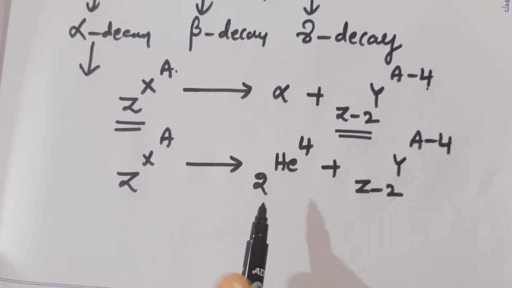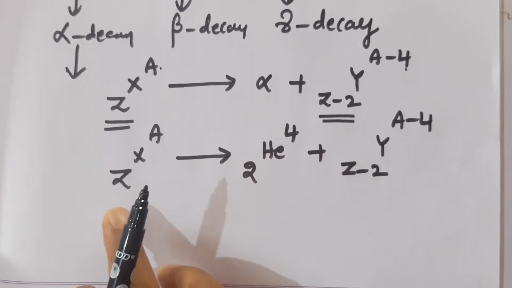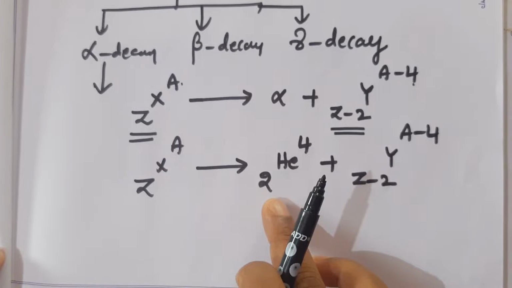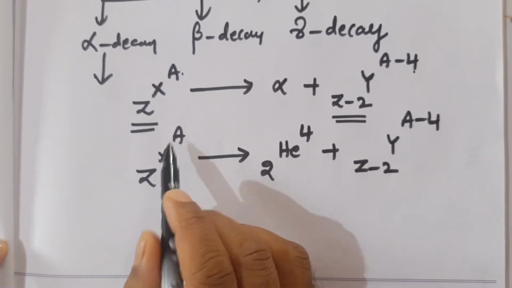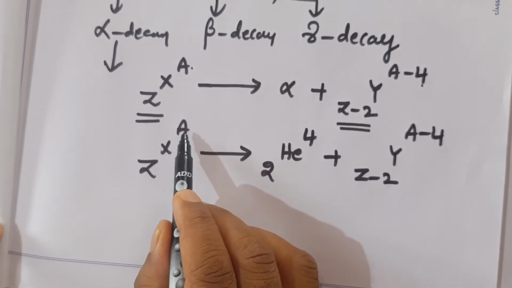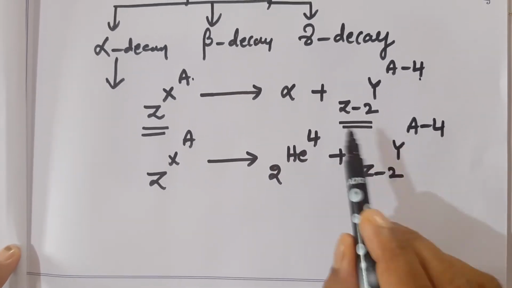So in alpha decay, the charge is conserved, the nuclear number is also conserved. Here atomic number: Z minus 2 plus 2 is Z, balanced. Here mass number 4 is the total number of nucleons, both protons and neutrons. Here 4 plus A minus 4 equals A.